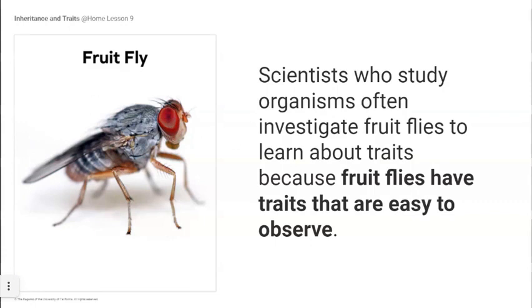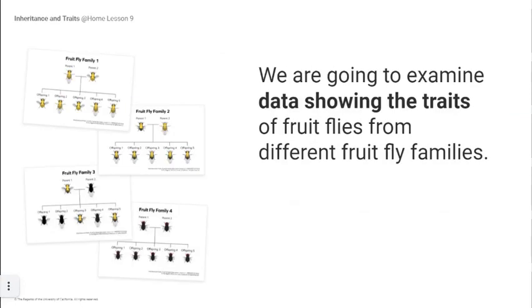Scientists who study organisms often investigate fruit flies to learn about traits because fruit flies have traits that are easy to observe. We're going to examine data showing the traits of fruit flies from different fruit fly families.